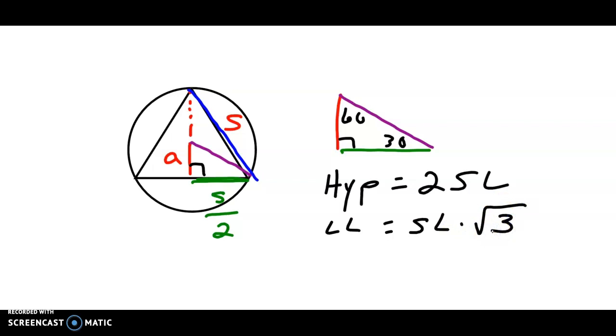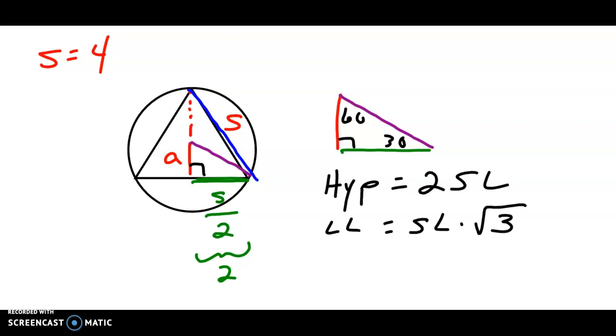So we're actually going to be able to use those rules for this particular triangle, depending on what information you're given. So let's say we were given the length of a side. We'll say that side is equal to 4. S divided by 2 then, this length is going to be 2. Most likely they'll give you the hypotenuse of this triangle as well, or some way to figure that out.